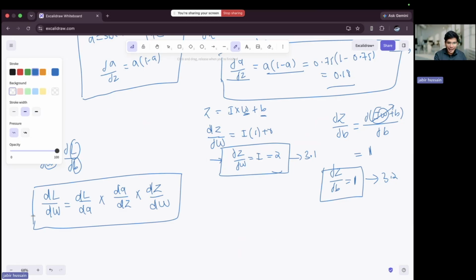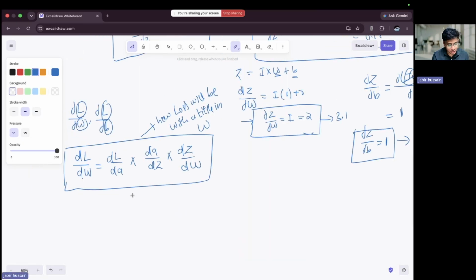And it tells you exactly how loss will change with a little change in W. Okay.